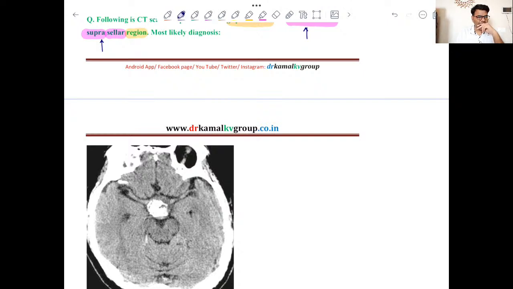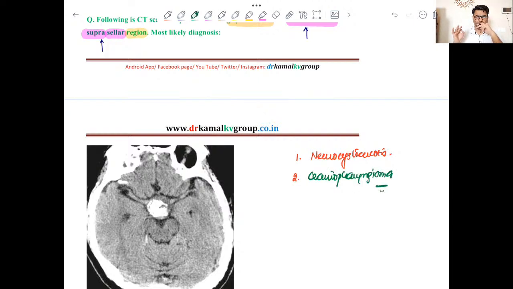Now can anyone think of the answer? In terms of calcification, I would request all of you to remember at least 2 entities. One is neurocysticercosis, and I think most of you must be knowing the Taenia solium, and the second is the question itself, craniopharyngioma.